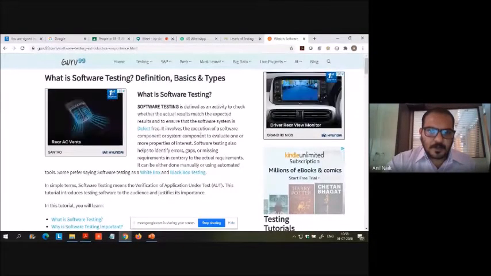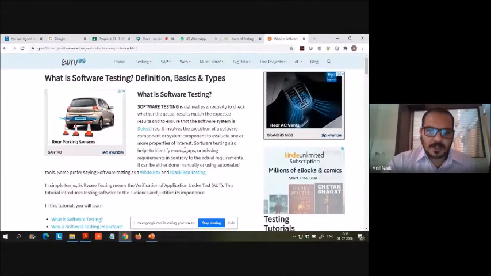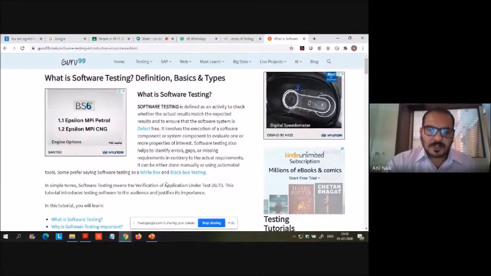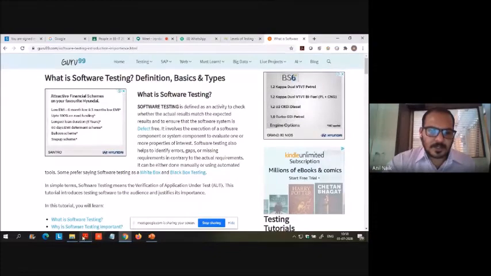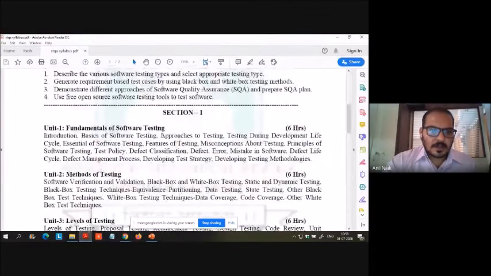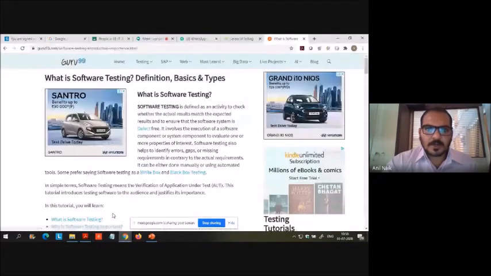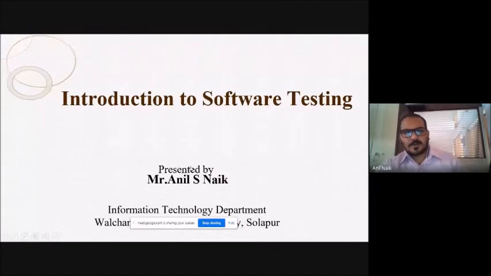Before going into detail, we'll study the basic concepts as per your syllabus: fundamentals of software testing. Introduction to software testing.